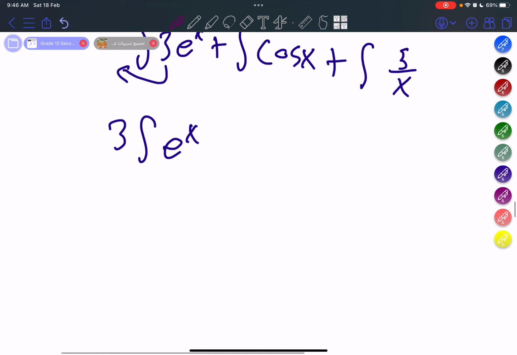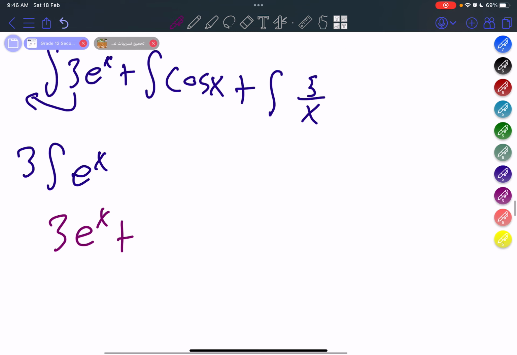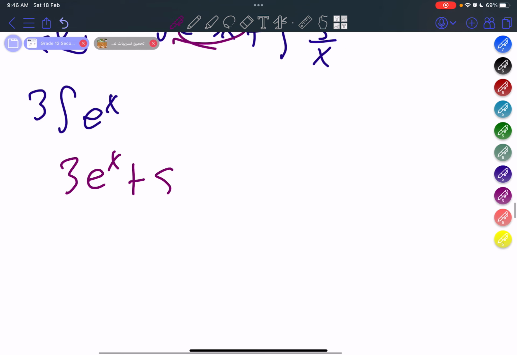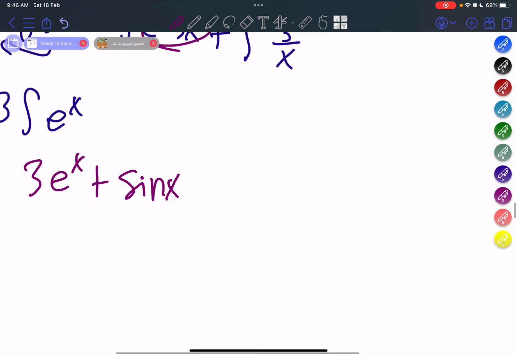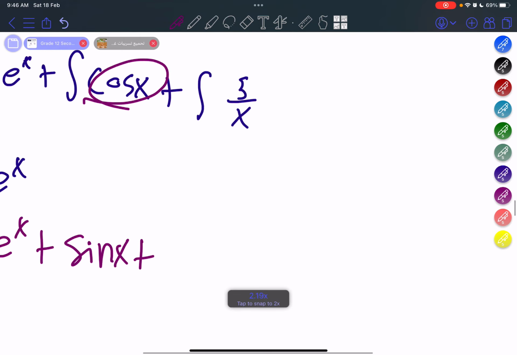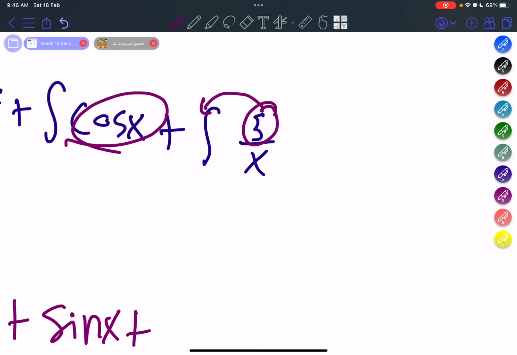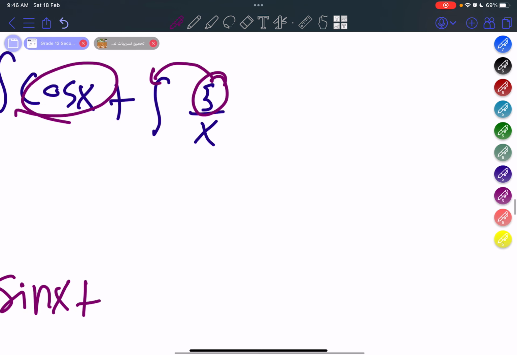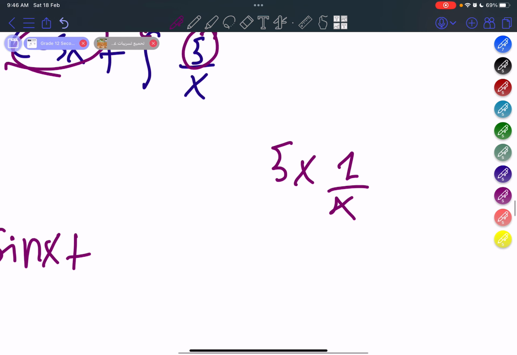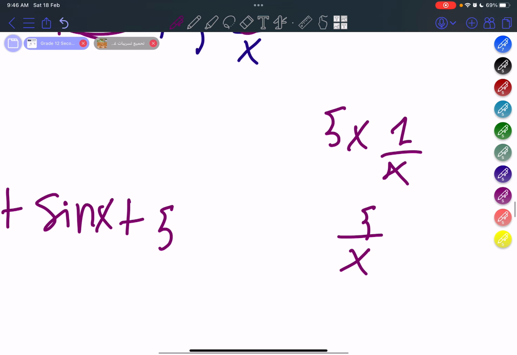So we'll get 3 e power x, it will be the same, plus the integral of cosine, it will be sine x, plus finally here, 5 we can put in the back, because 5 times 1 over x is the same as 5 over x. So it becomes 5, and then we write the integral of 1 over x.